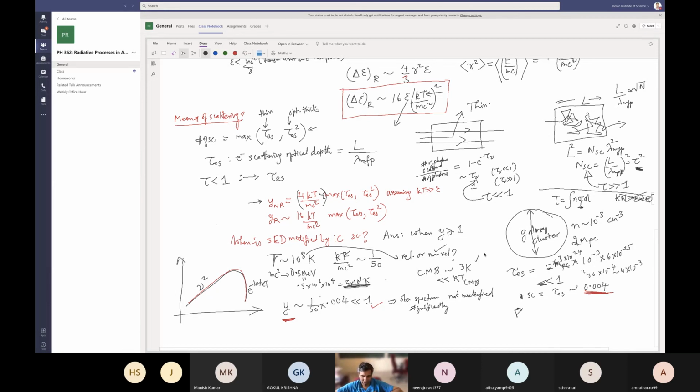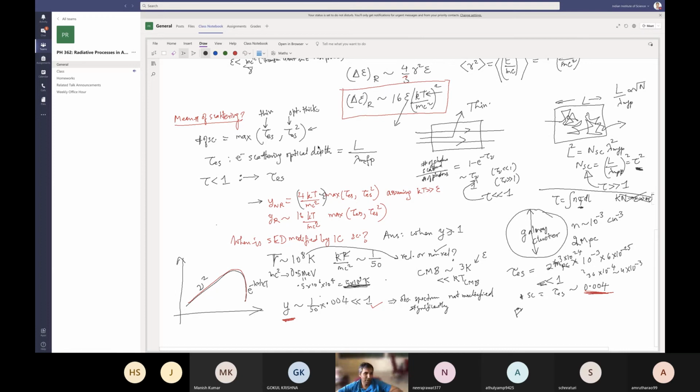This gives a sense of epsilon. T everywhere here is the electron temperature, not the CMB temperature, not the photon temperature. The photons I'm characterizing mostly by epsilon.